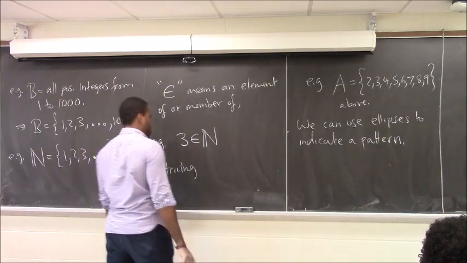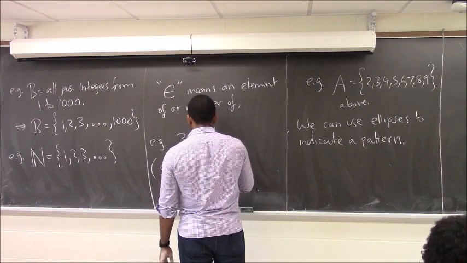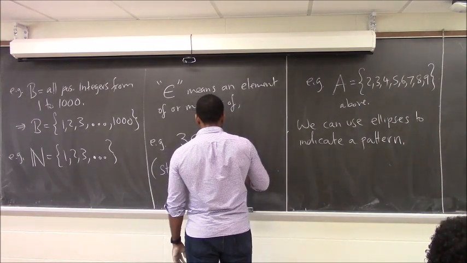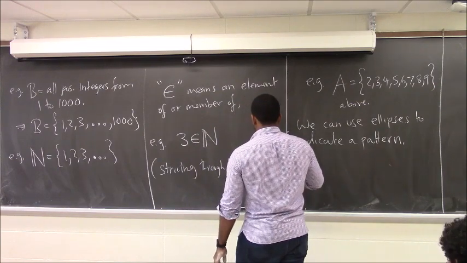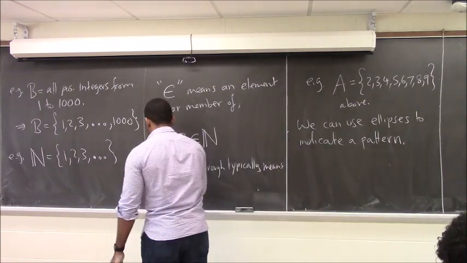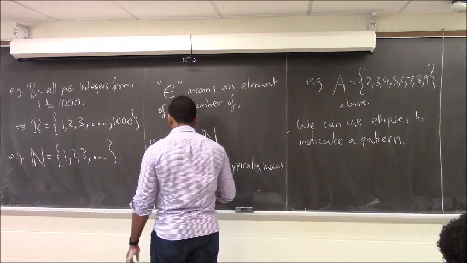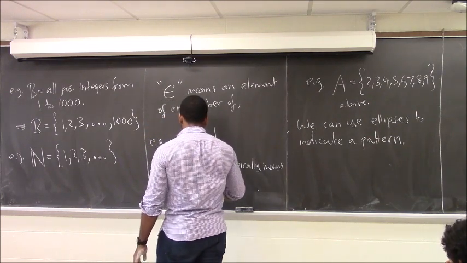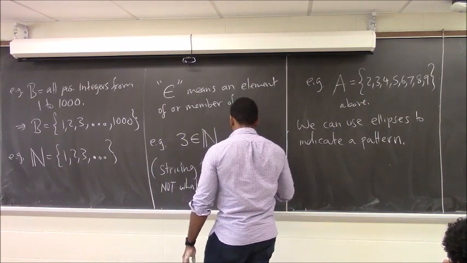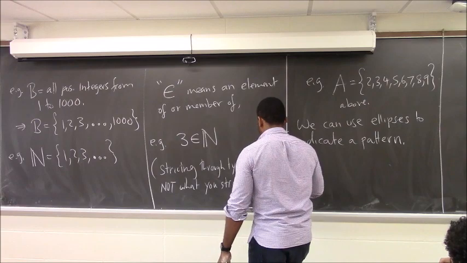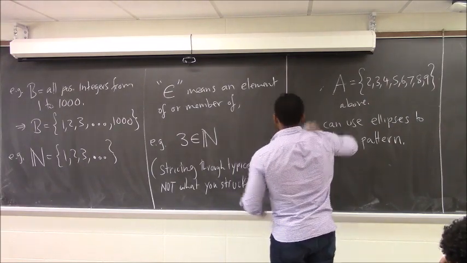And this is just a general principle, actually. Striking through typically means not what you struck through. Right? It's just a math person's way of saying, I don't mean that.